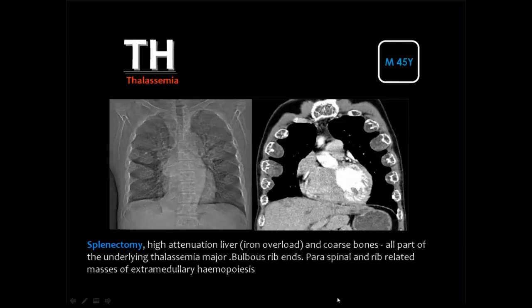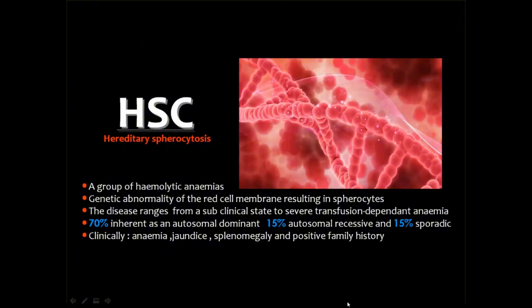And this is the same sign of expansion of the bone marrow with a rib in a rib sign. Then we came to hereditary spherocytosis, and this is a group of hemolytic anemia.